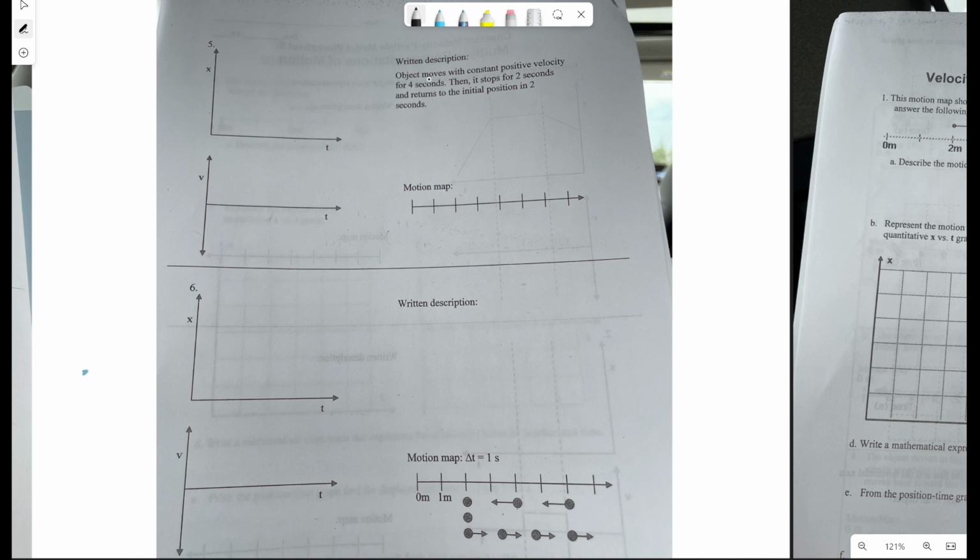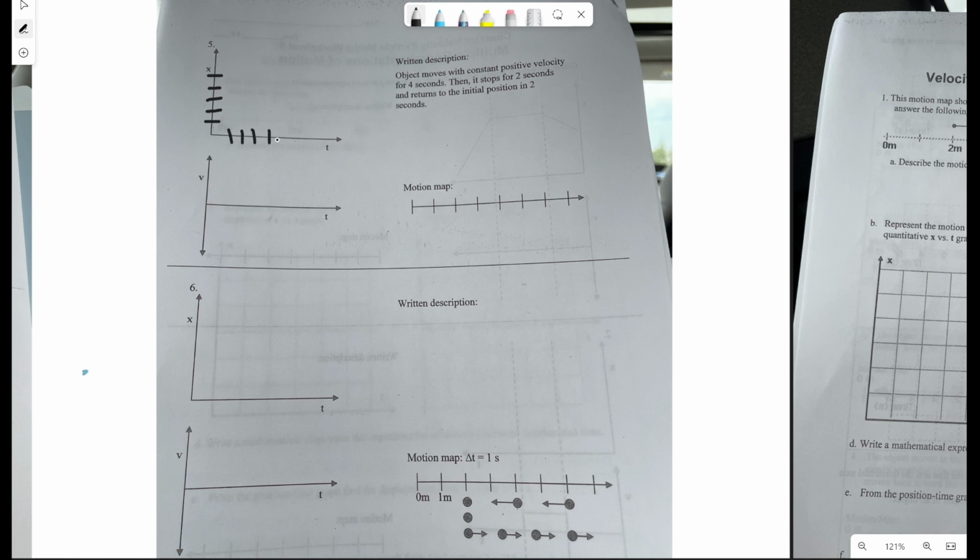So an object is moving with a constant positive velocity for 4 seconds. It doesn't give you meters, so you're going to have to make that part up. In this case, I can say that this is maybe 4 or 5. I can draw a couple lines here, and same with time.